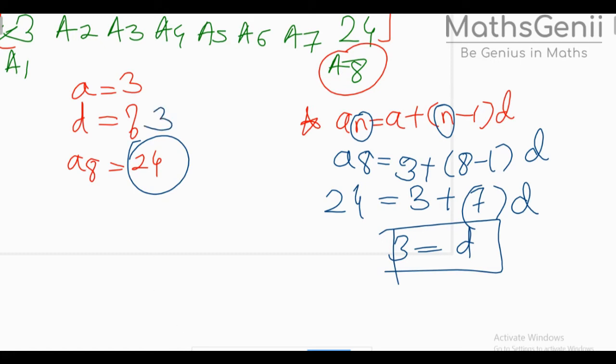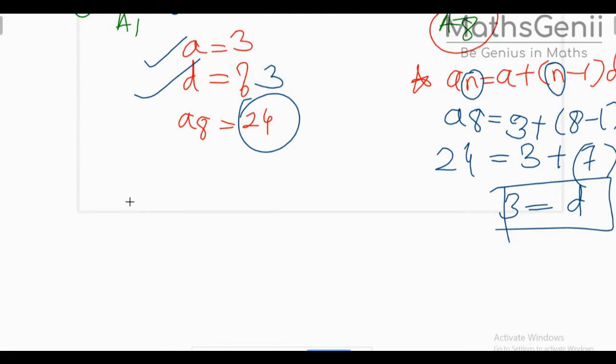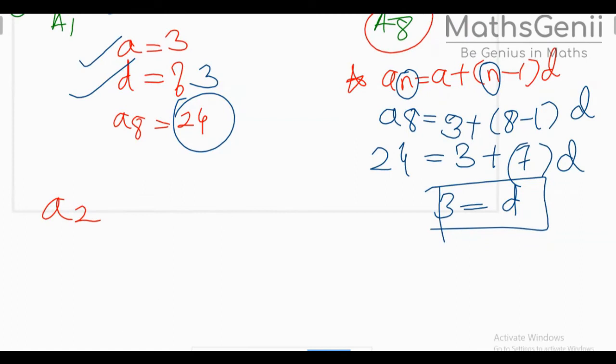Now you can easily find any of the terms and all of the terms. You have a and you have d, and that is what is needed to find anything. So A2, if for example you wanted to find, just use the formula that I have used for A8. In place of n, just substitute 2, and d is what? 3.